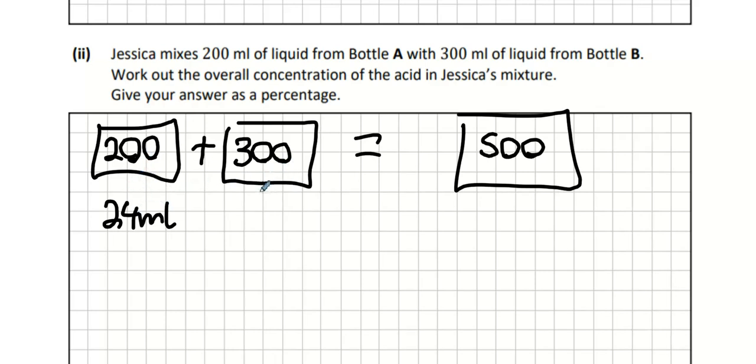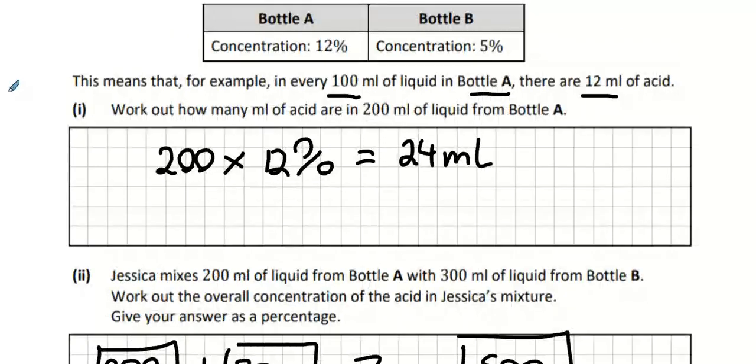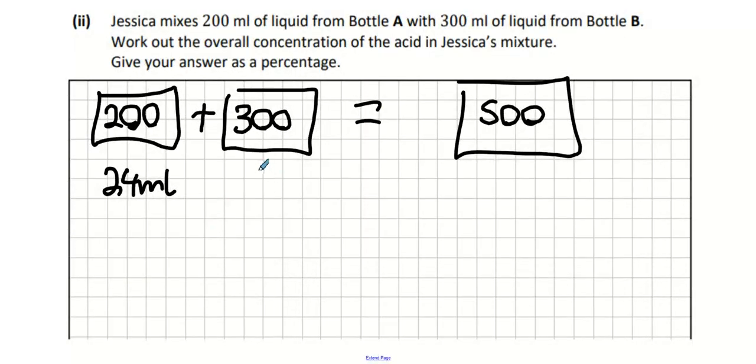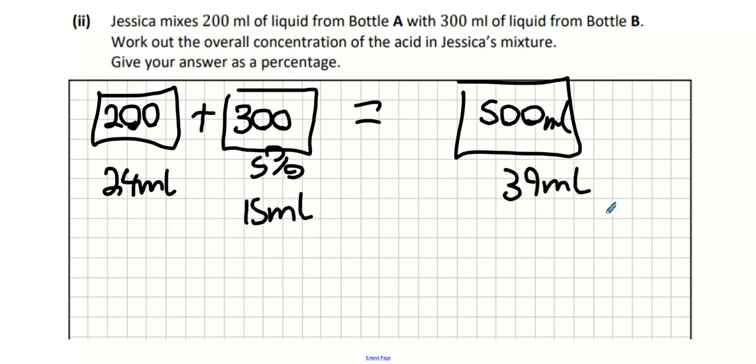Next thing we've got to do is figure out how much acid was in the next batch. So, no, it's not 15%. Oh, sorry, yeah, it's 5% of the 300, which is 15 milliliters. You cool with that? So, out of our 500 milliliters of mixture, how much of it is acid? 39 milliliters is acid.